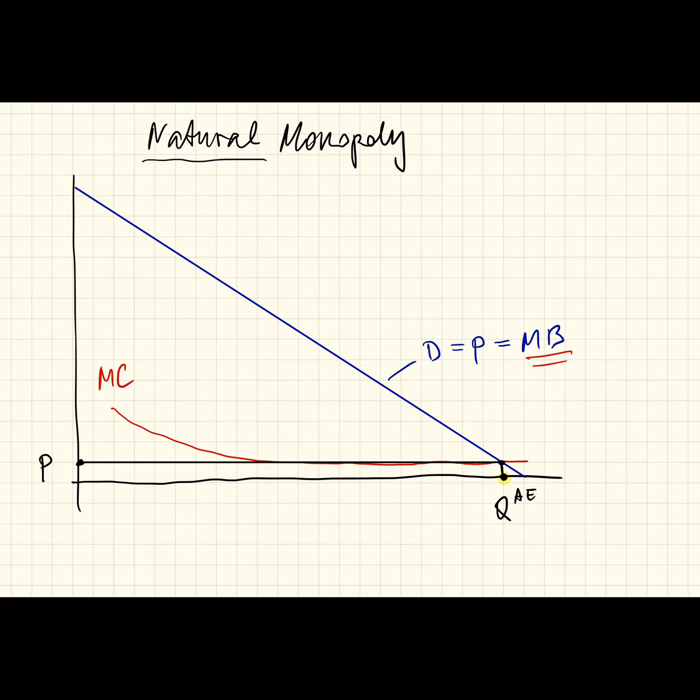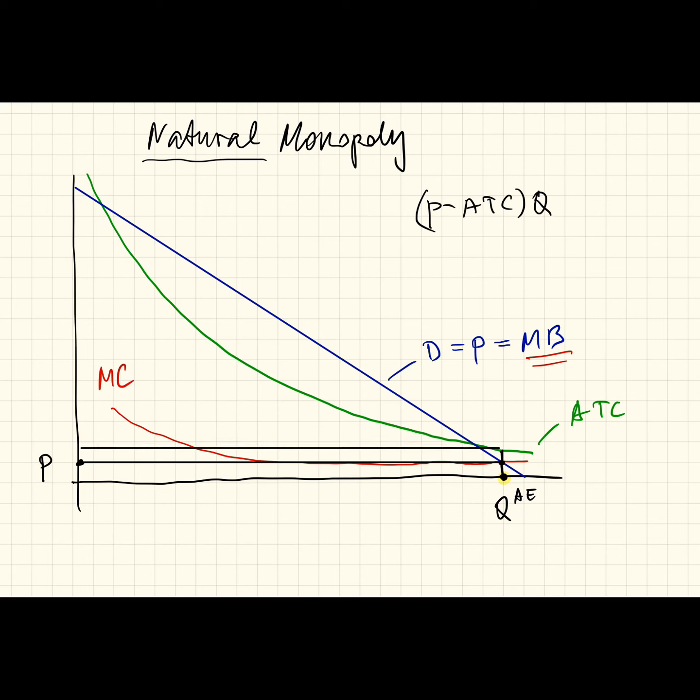Let me change the color here. Okay, so let's see if you go up from this quantity, doing the usual thing we usually do, right? P minus ATC times Q tells us what profit is. You will see that your ATC in fact exceeds your price.